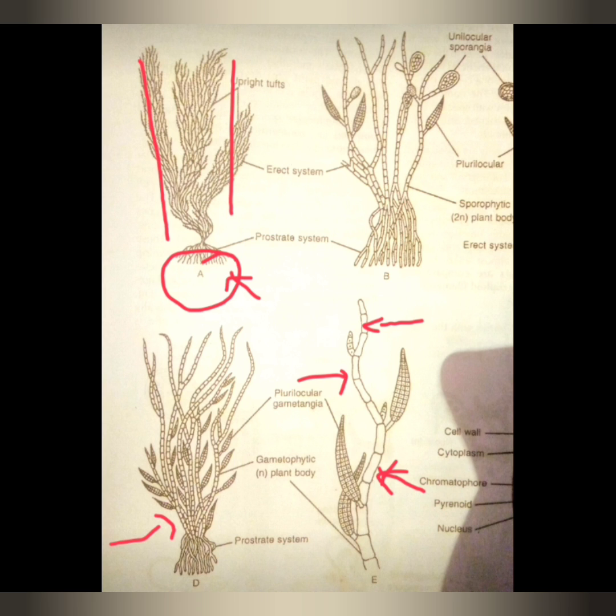So just remember that in the prostrate system the growth is apical, whereas in the erect system the growth can be of three types: intercalary, diffuse, or trichothallic. In the next class we will discuss the different types of reproduction in Ectocarpus.